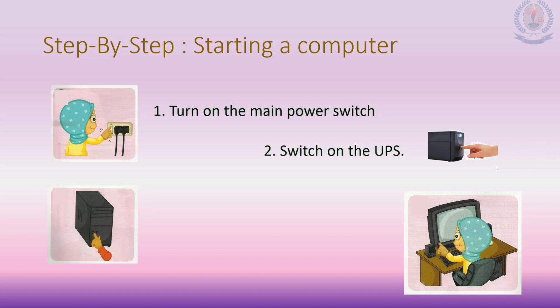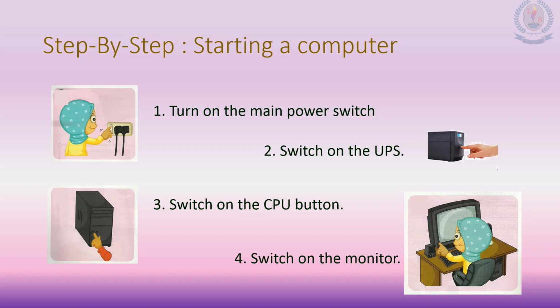Next, you have to switch on the UPS. Then you have to switch on the CPU button. Last, you have to switch on the monitor. Now, your computer will start. So, you can do your work on a computer.